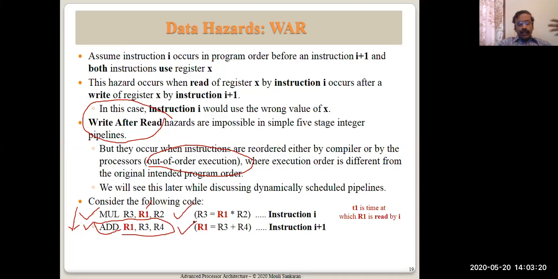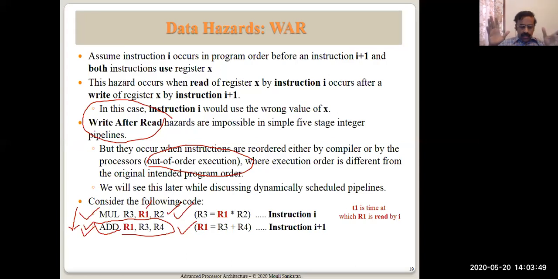Taking into the pipeline itself is not in order in a dynamic out of order execution. That is a much more complex structure, which we will talk about maybe down the line. So when such things happen, there is a possibility that this instruction will be executed first, maybe completed first, before even this instruction started executing.